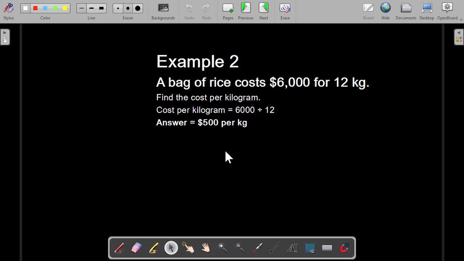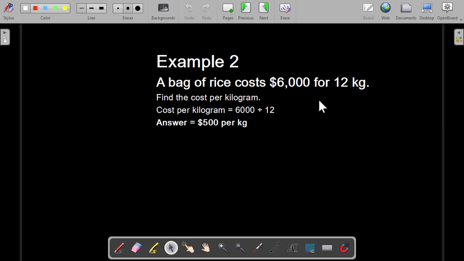It is used to compare two different entities with their units. Now, cost per kilogram is equal to 6,000 divided by 12.